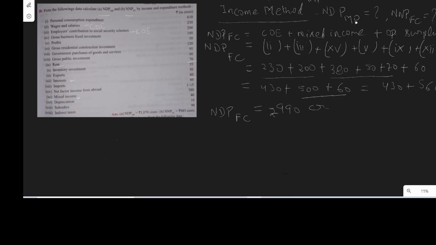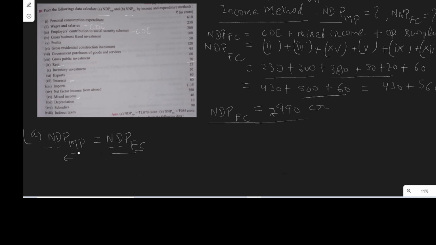We require NDP at market price and NNP at factor cost. So first we find this one, part A, NDP at market price. What we need to find, we write on the left hand side. What we have obtained, we write on the right hand side. So it is NDP FC. Now we have to convert this NDP FC to NDP MP. Both are net, no change. Both are domestic, no change.